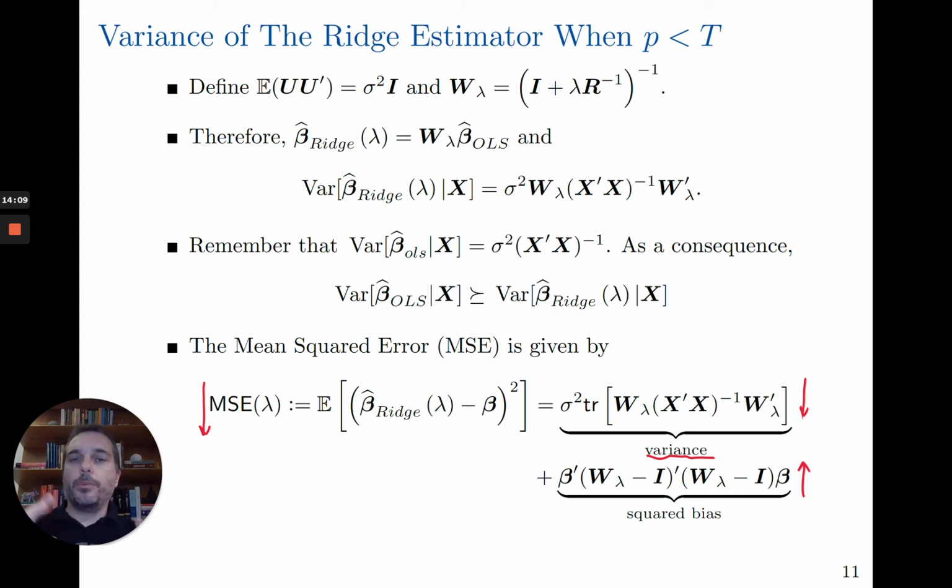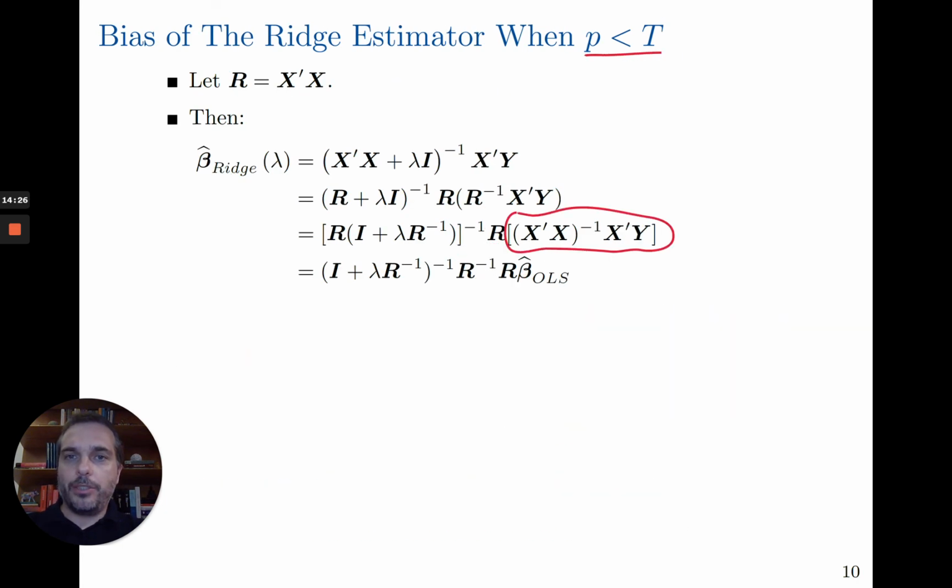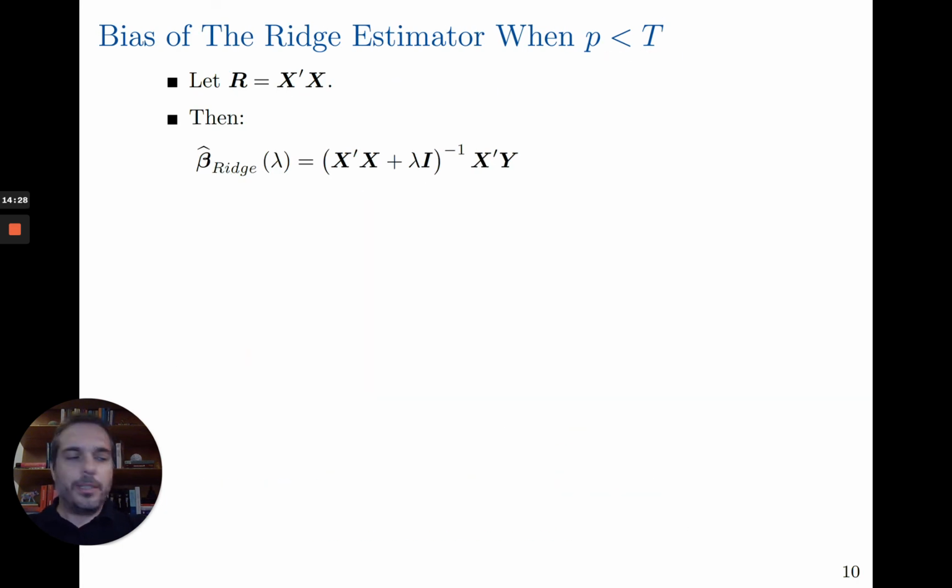Now, second question. We know the expected value and the variance of the beta hat ridge, but we can ask why ridge works in large dimensions. Because if we go back here, what we are doing with the ridge is taking the original OLS formula and adding something to the diagonal of this matrix.